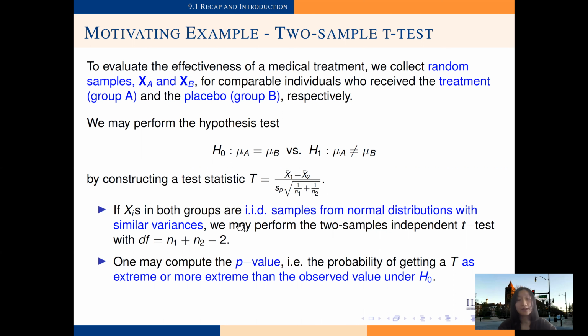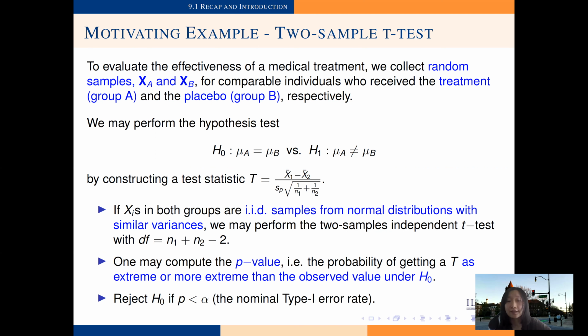If this p-value is lower than some preset nominal type 1 error level, alpha, say 0.05, then we reject the null hypothesis and conclude that there's sufficient evidence that the mean of the outcomes in the two groups is not equal. So this is the two-sample t-test you are familiar with, which is a parametric hypothesis test.